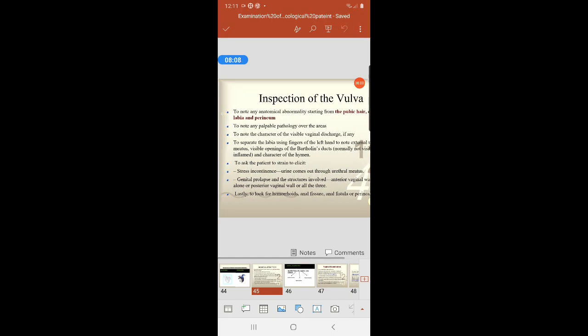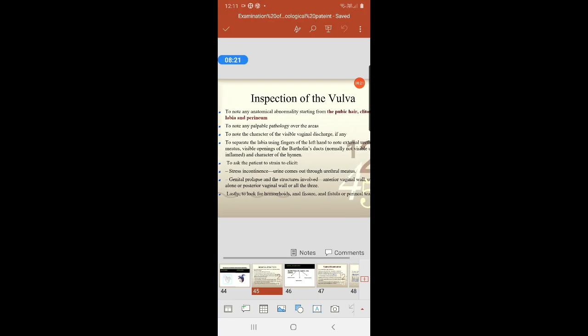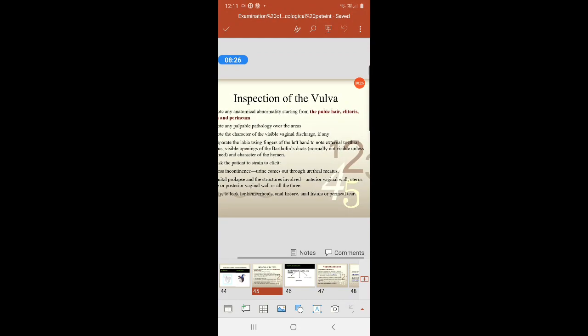Then note any palpable pathology over the areas, if there is any swelling or any type of tumor or extra growth, that we can see before palpation. So we have to note all these points. Note the character of the visible vaginal discharges.